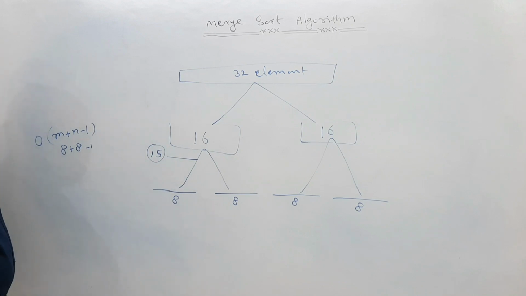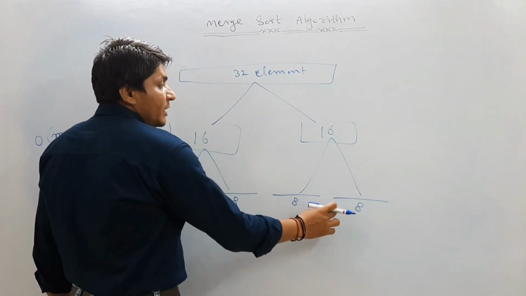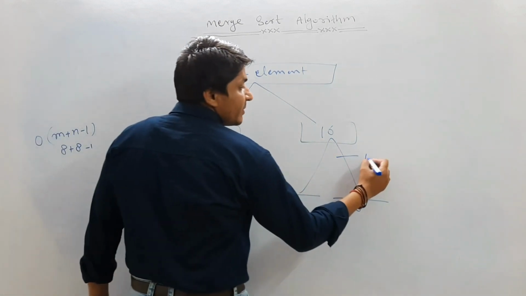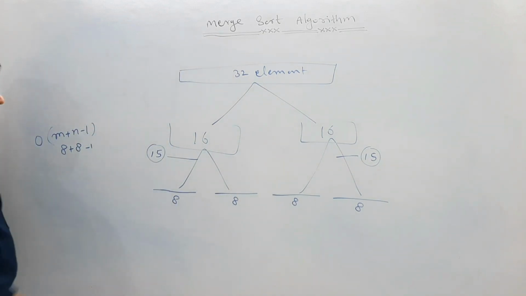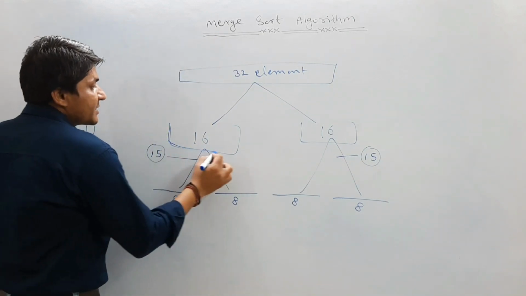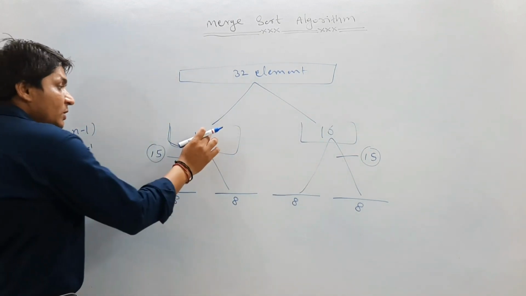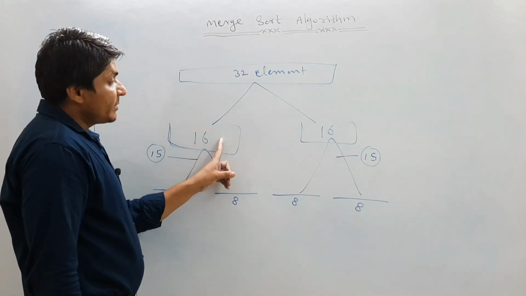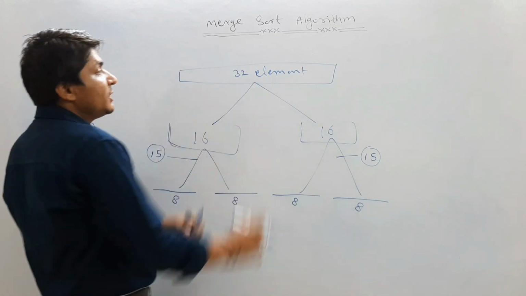Yes, correct. Now similarly, if you want to merge these two sorted subarrays into a 16-size array, it will take how many comparisons? 15 comparisons. Yes, correct. Now we have the size of the array 16 in this case, and also 16 in this case. This is the first sorted subarray and this is the second sorted subarray, but we want to merge these into an array of 32 elements.